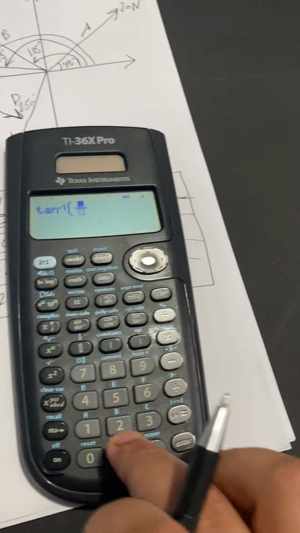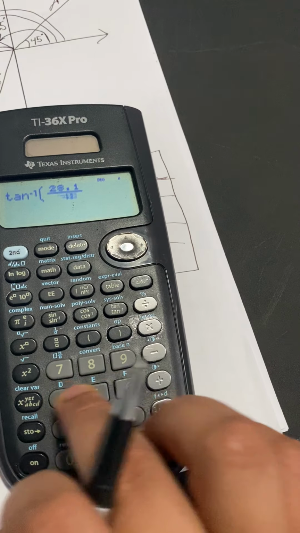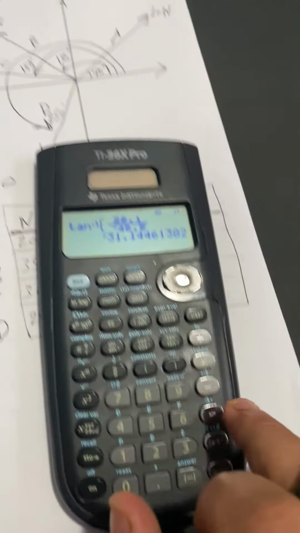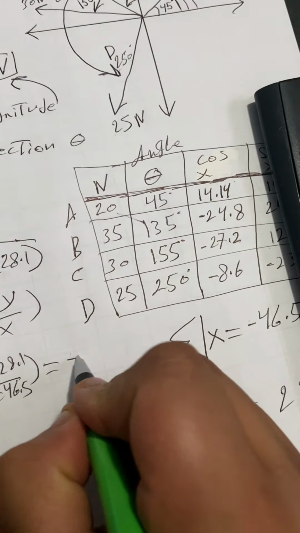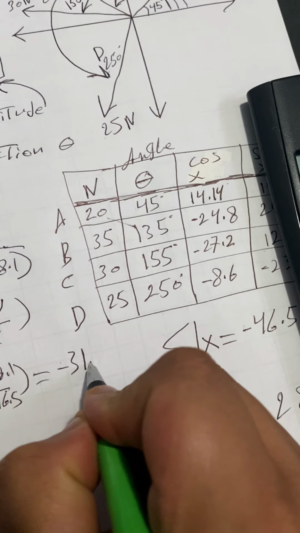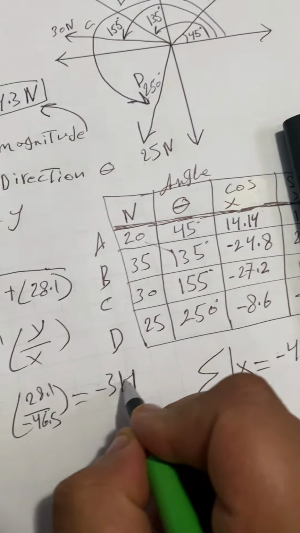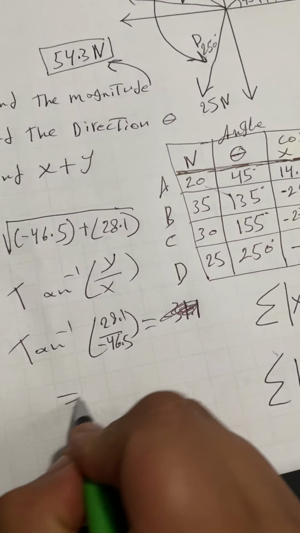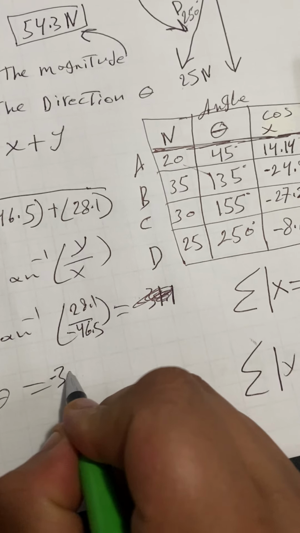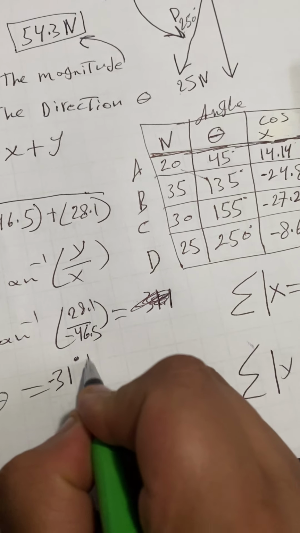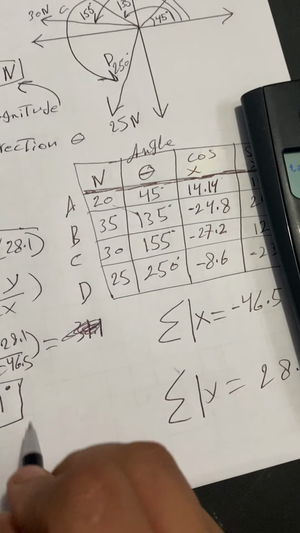We're gonna put this one, so 28.1 divided by negative 46.5. I got negative 31.1. You don't have to put 0.1. The tangent is negative 31 degree.